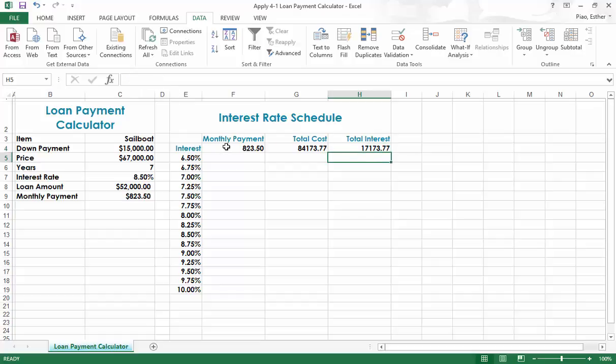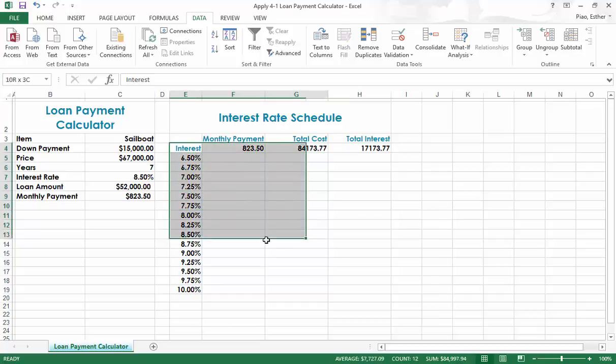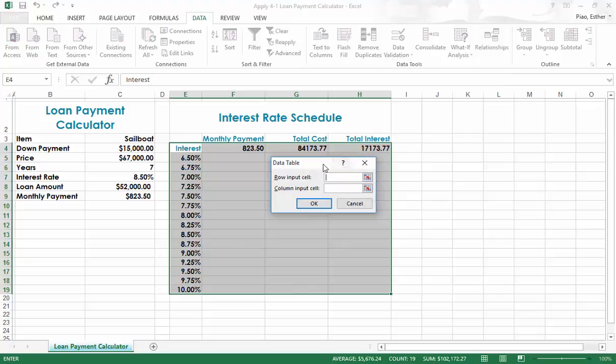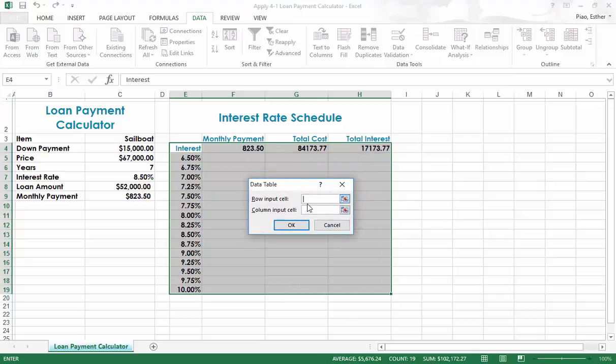Okay, so you have all these preparations finished, and the only thing you need is to apply this. You need to apply this, and what if analysis data table? What we do here is to specify what is the value you are going to replace.